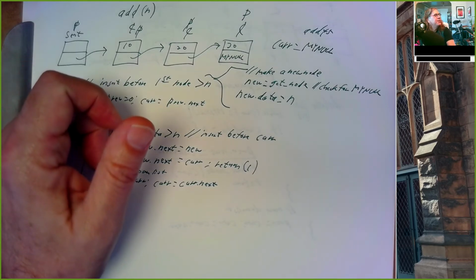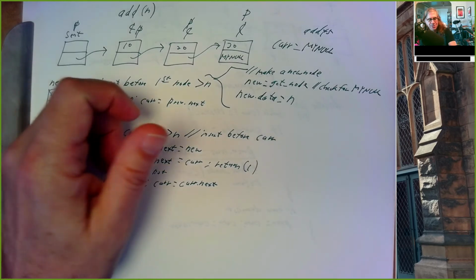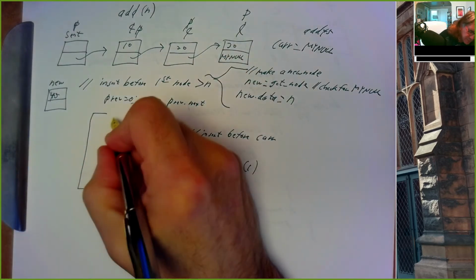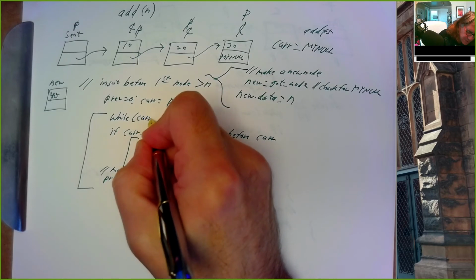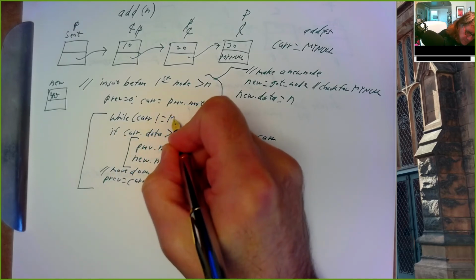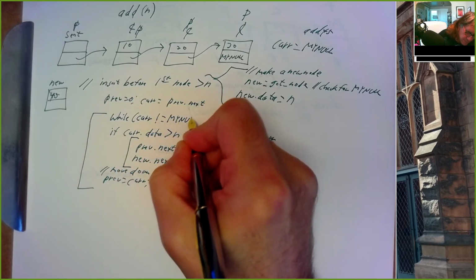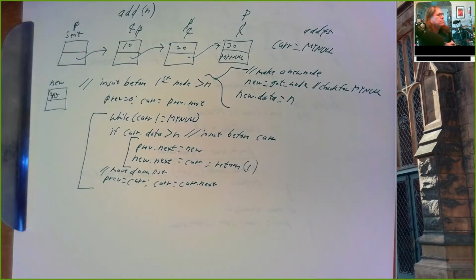So once again, a good exit condition is current is not equal to my null. Someone suggested in the chat, well, current data is less than new data and current is not equal to my null.